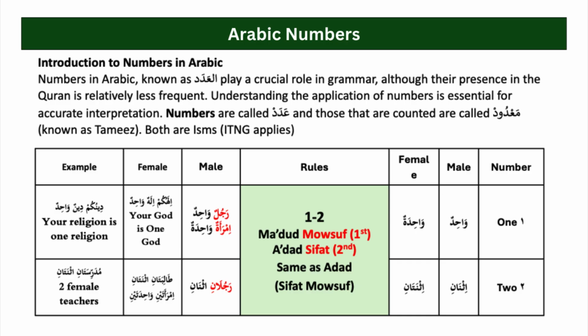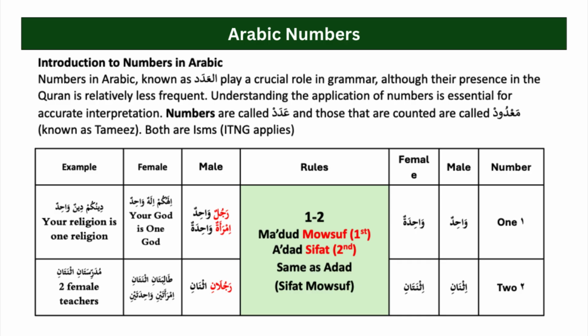In other words, the counted noun is the mawsuf, and the number behaves like its sifa. That is why the slide says madud mawsuf first, adad sifa second, same as adad, meaning the number agrees with the counted noun like an adjective agrees with the noun.